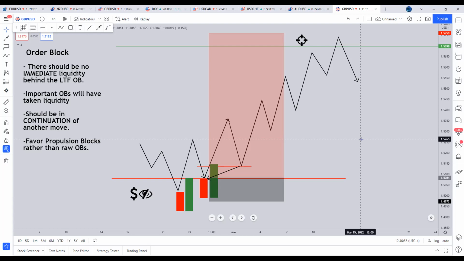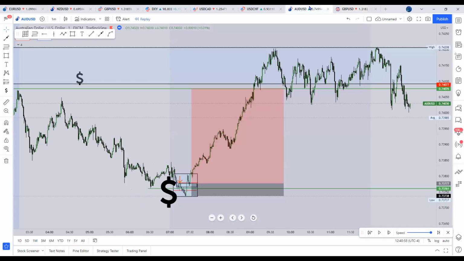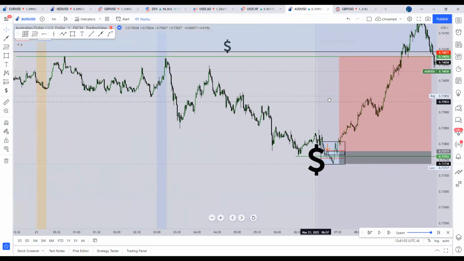What I'm trying to say is don't look at every single up-down candle as an order block. Does that make sense? Don't look at every one of the moves and, if you see an up-down candle, buy or sell from it, because a lot of the times there's going to be some liquidity behind it and you're going to be a little bit disappointed by what happens afterwards.